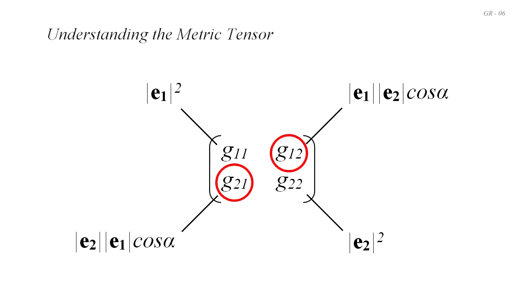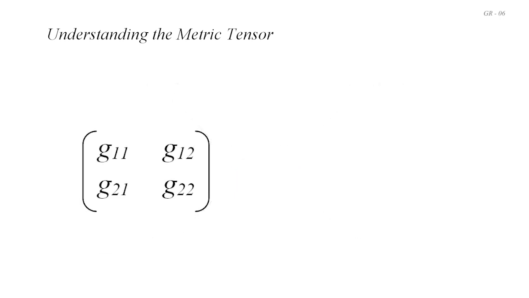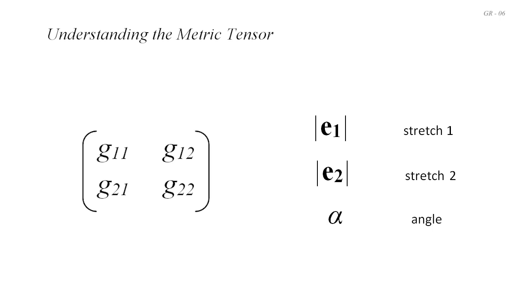If you think about it then, there are only really 3 pieces of information in these 4 metric tensor values at a point in two-dimensional space. There is stretch 1, stretch 2, and angle. Also, there are only really 3 numbers in the metric tensor.